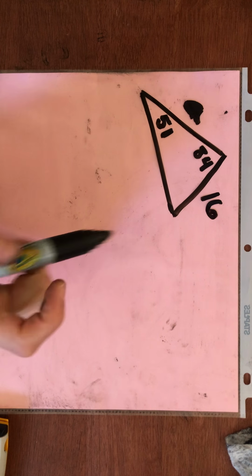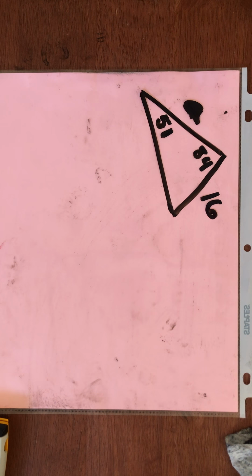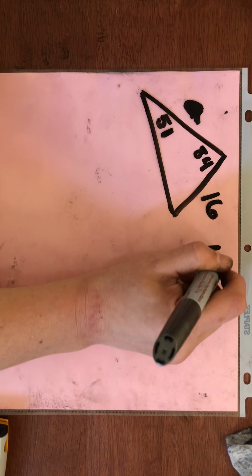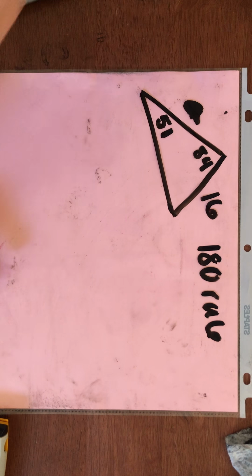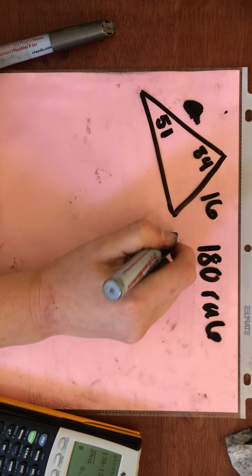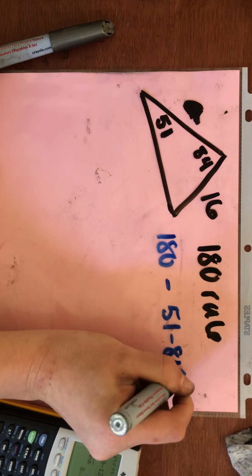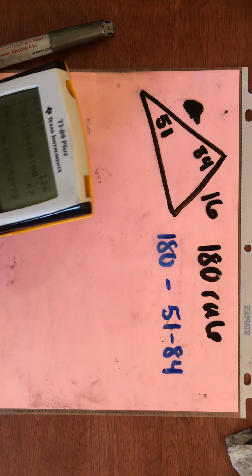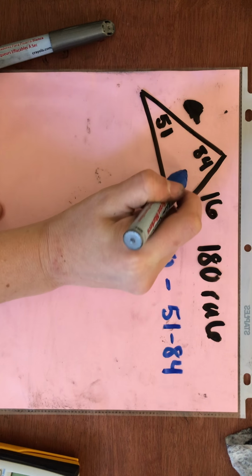Well, we don't have the angle to go with A, and typically we need that. But we can use the 180 rule to get that angle. So if I do 180 minus 51 minus 84, I get 45.